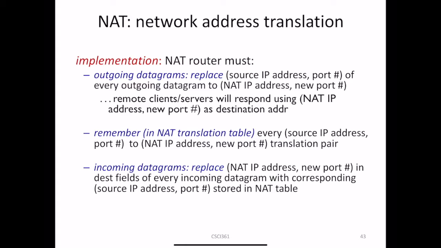And then how do we implement the NAT function? Actually, we need to do two replacements and one remember. The first replacement is for outgoing datagrams: we need to replace the source IP address and port number of every outgoing datagram with a NAT IP address and a new port number.